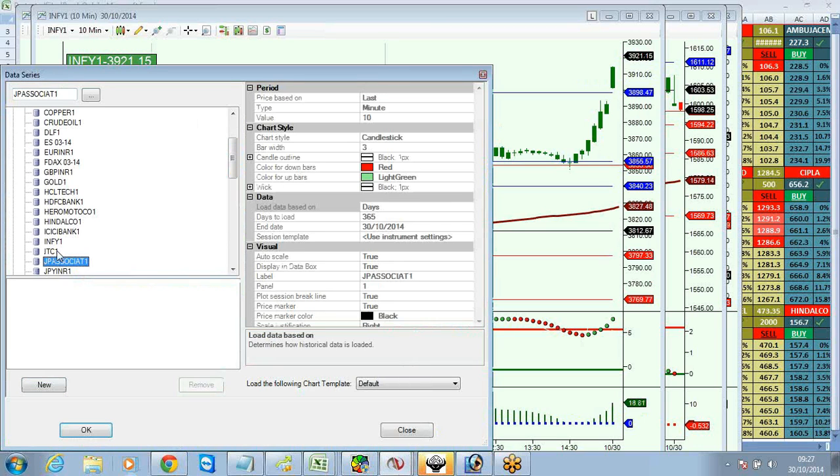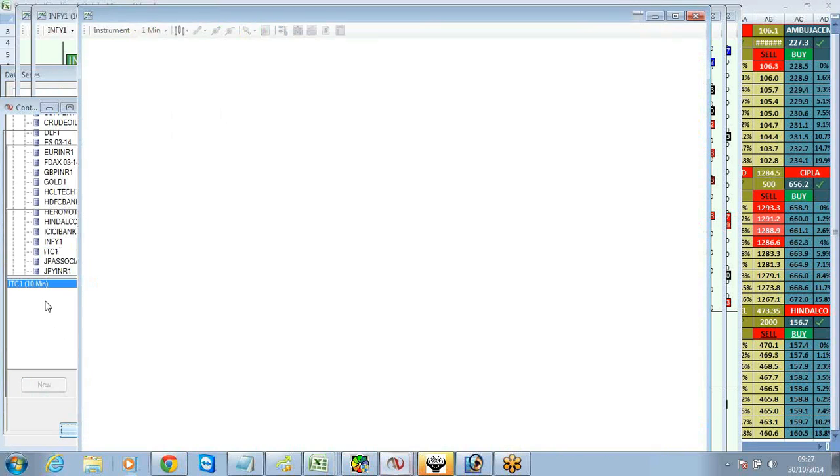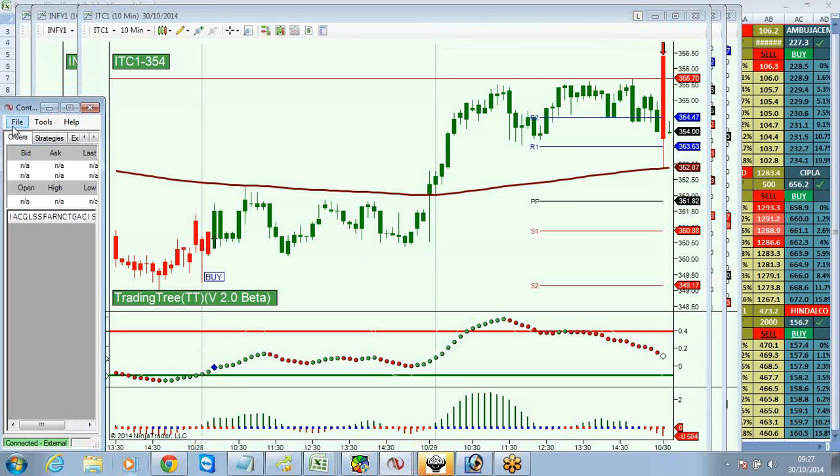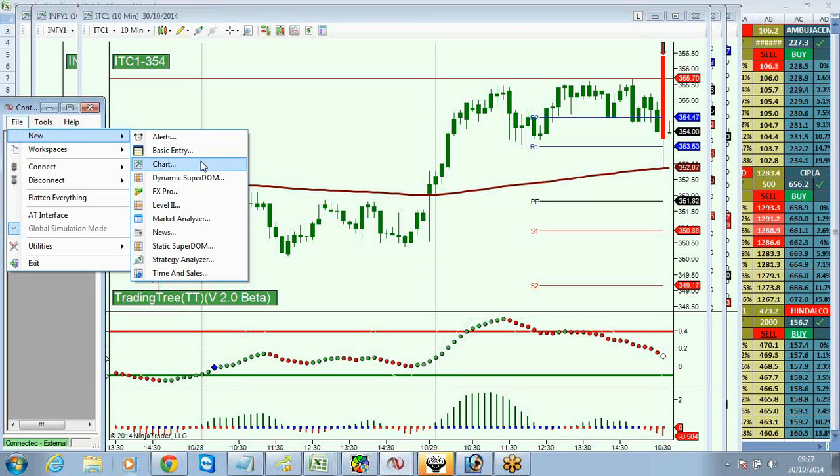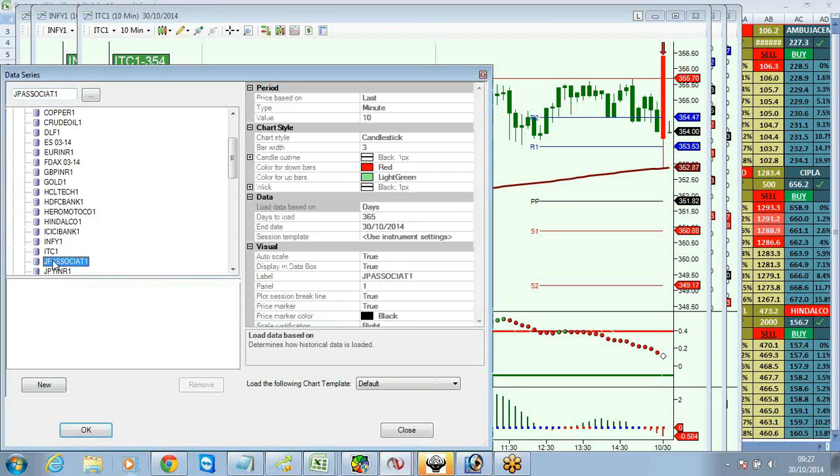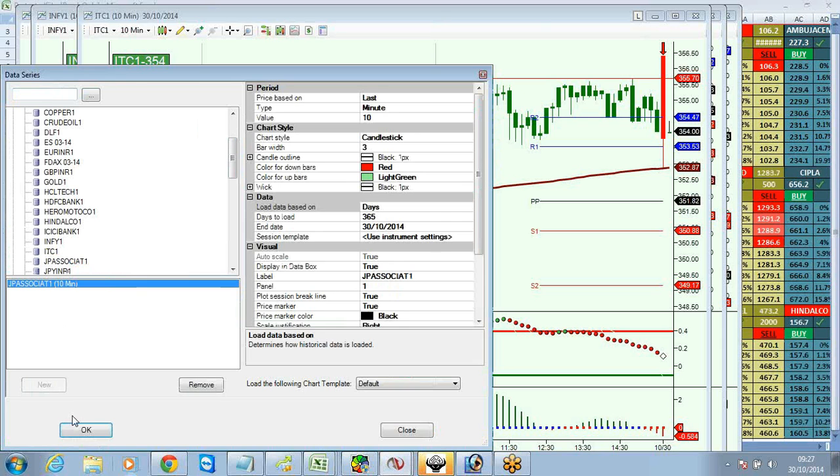You can see most of the IT scripts are gap up today. Infosys, TCS, we had final targets done in those yesterday.